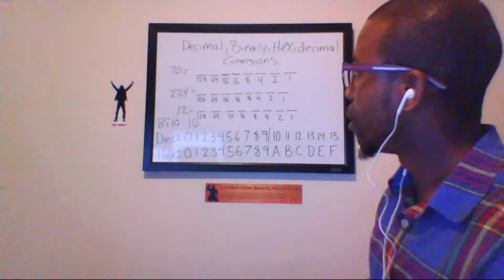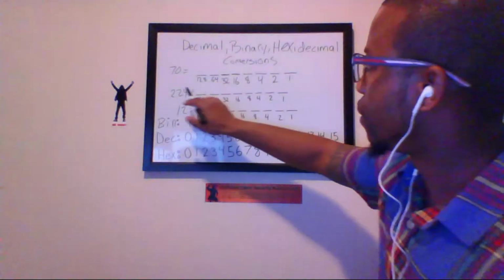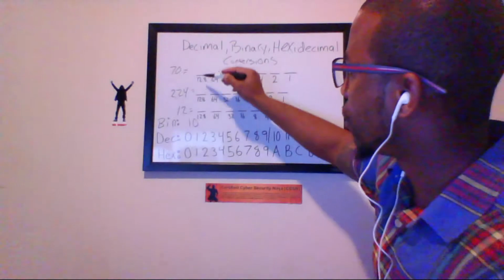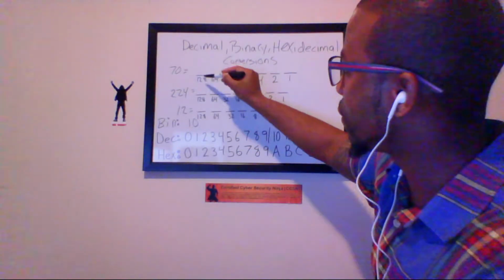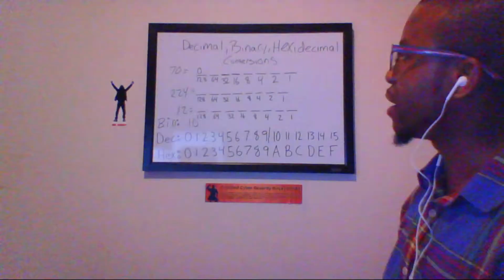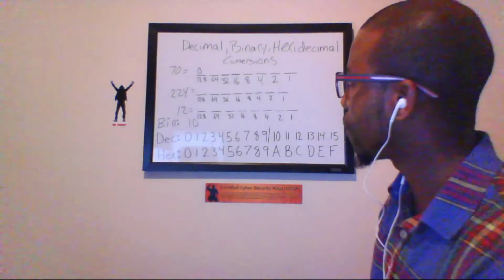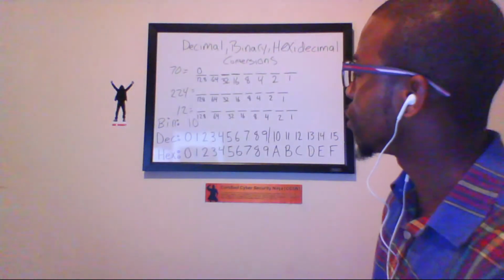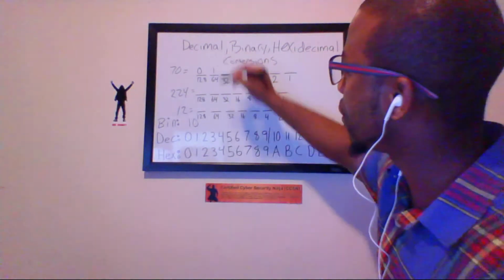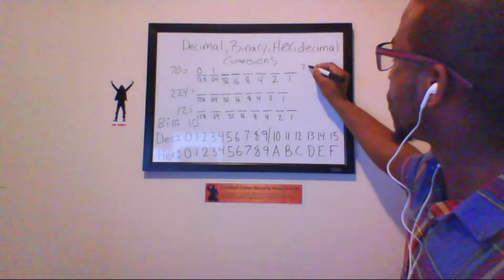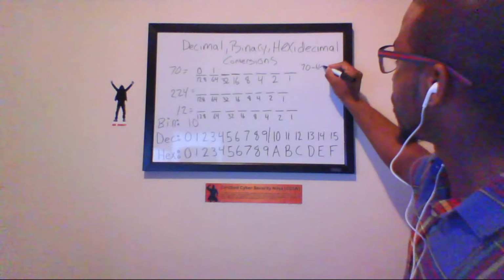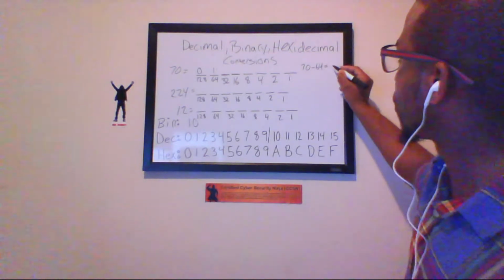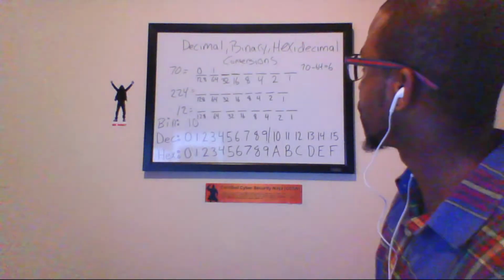So let's first start off with 70, right? 128, we can't use this value because it's already greater than 70. So we're going to give that a 0. 64 is smaller than 70, so we can use this value. So we're going to give it a 1. And over here, we do 70 minus 64 equals 6, right?